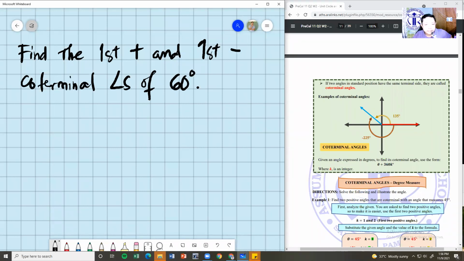Go. Type your answer in the chat box when you're done. It will help if you will draw it in your paper because you will be able to imagine the movement of these coterminal angles.